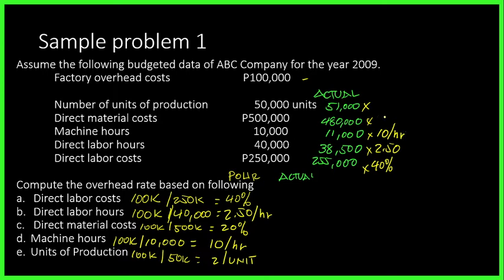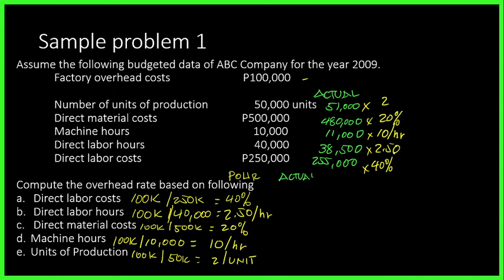And then for your direct materials cost, the rate is 20%. And then the number of units, the actual number of units produced is 51,000. So you now have 2 per unit. So you have 2, 20%, 10 per hour.